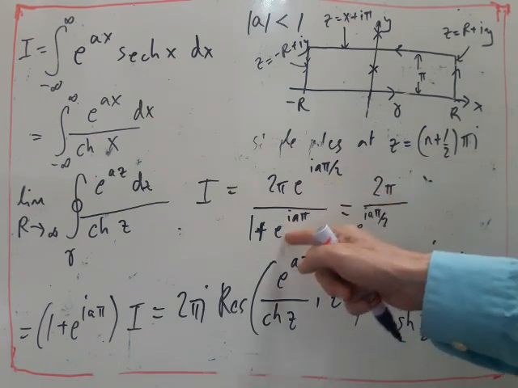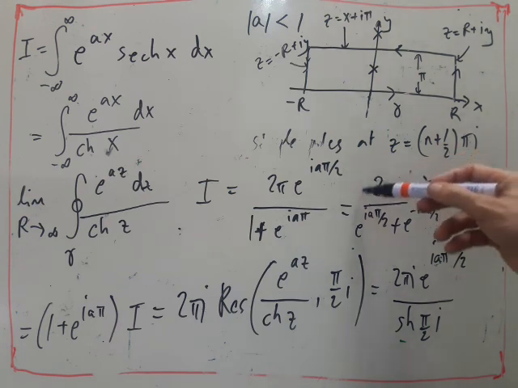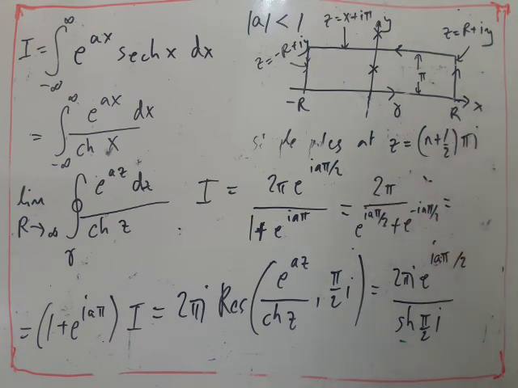So multiplying by minus this, I recognize this thing here, of course, is cos of a pi by 2. So I then just get the answer pi over cos a pi by 2.